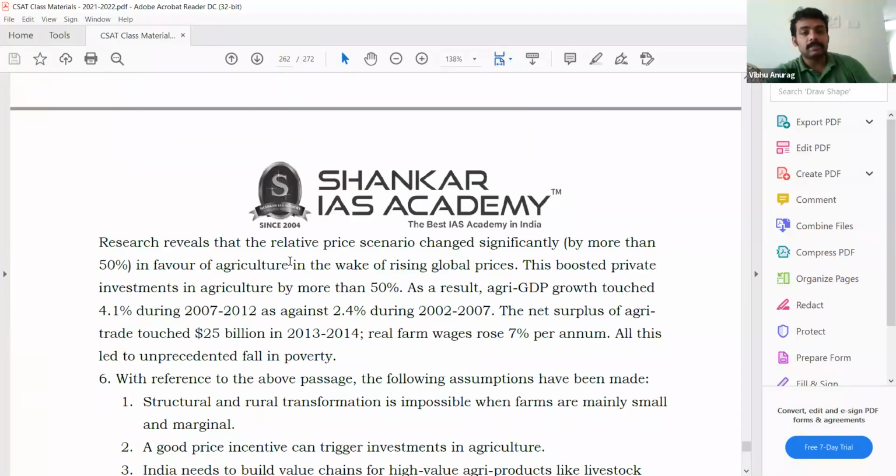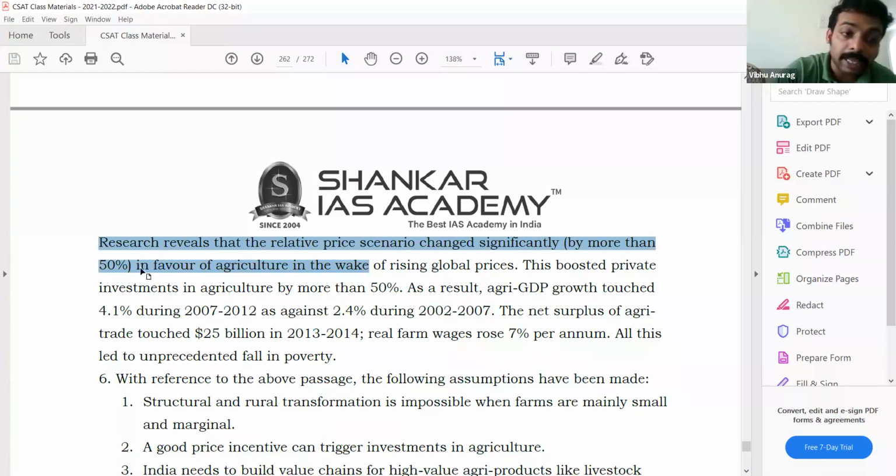So research reveals that the relative price scenario changed significantly, by more than 50% in favor of agriculture in the wake of rising global prices. So the farmers were able to sell their produce at a higher price. This boosted private investments in agriculture by more than 50%. So this was the next consequence of it. And as a result, agri GDP growth touched 4.1% during 2007 to 2012, as against 2.4% during 2002 to 2007.